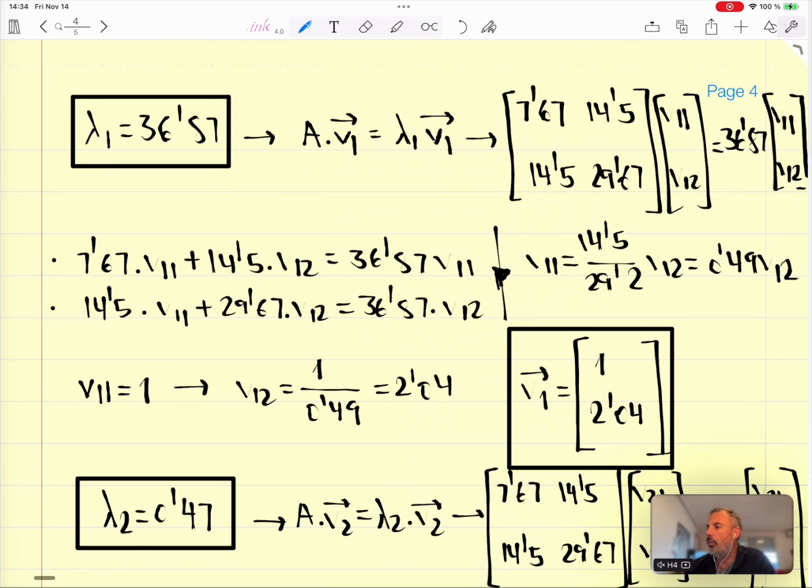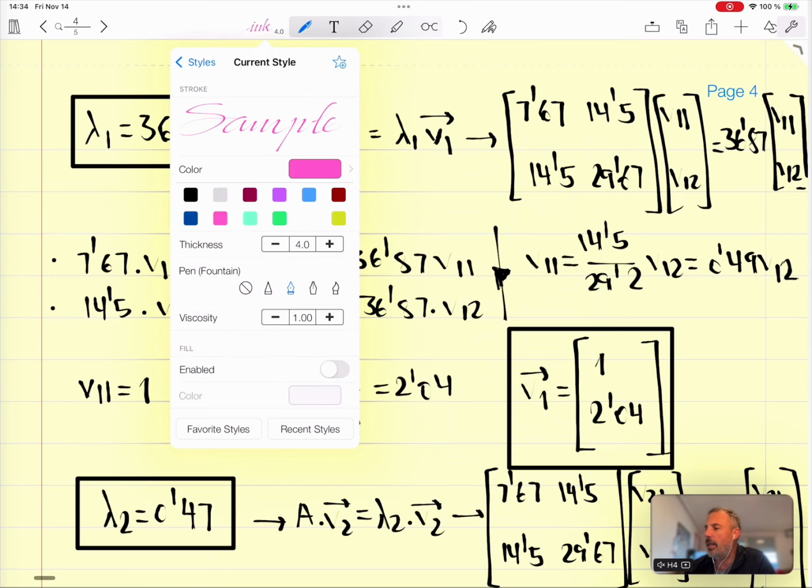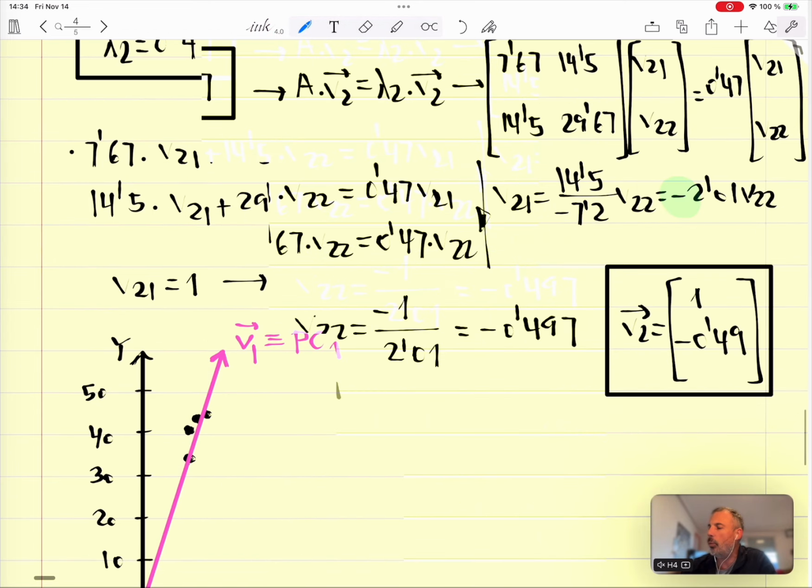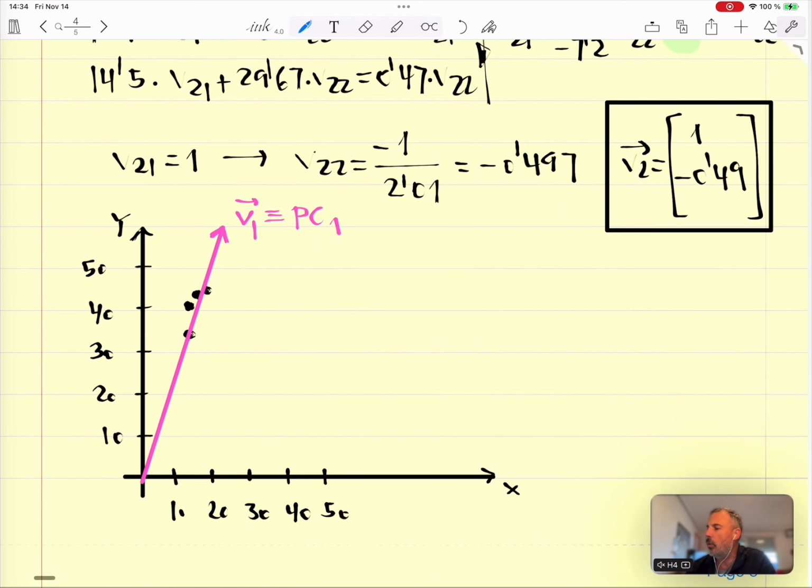Okay, so if we want to know how much variability we are explaining, what do we need to do? Well, we need to do what we have. Lambda 1 is 36.87, and lambda 2 is 0.47.